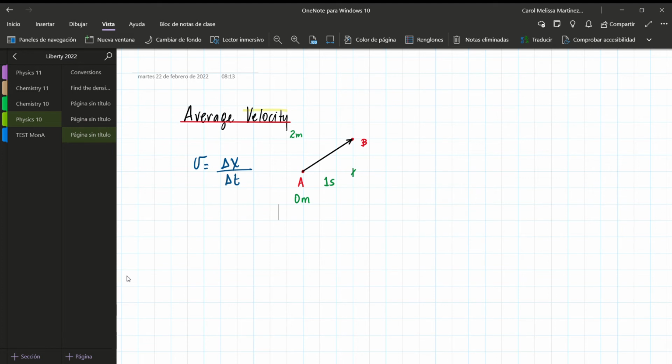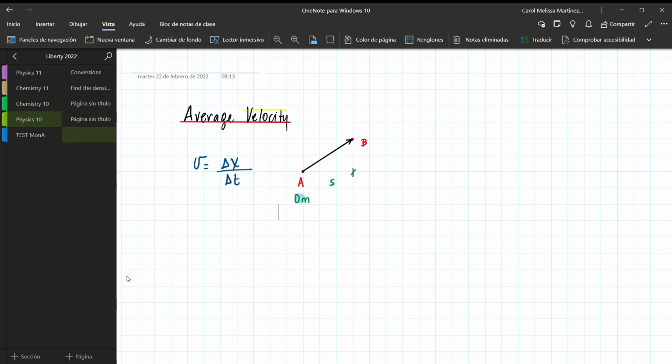So, what was my change in the position? I come from the position 0 to the position 2. That is a change in the position, okay? Because I'm coming from a position 0 to a position 2. So that represents a change in position.